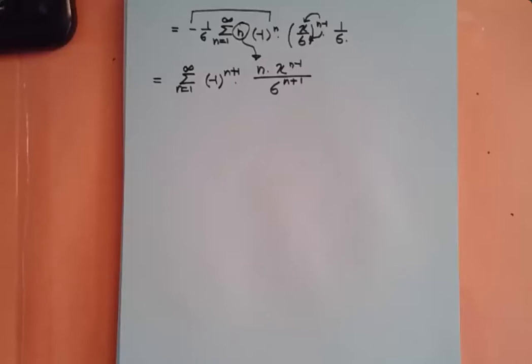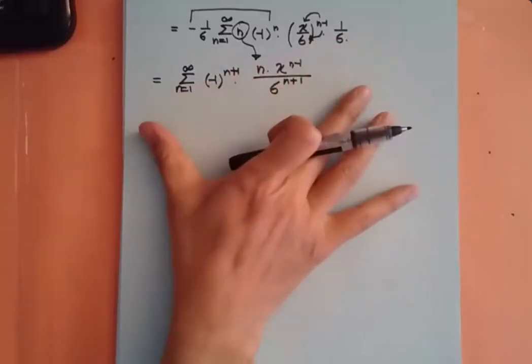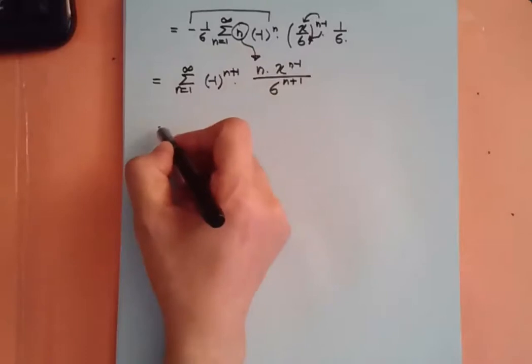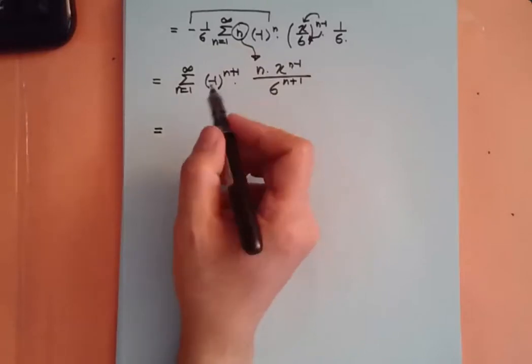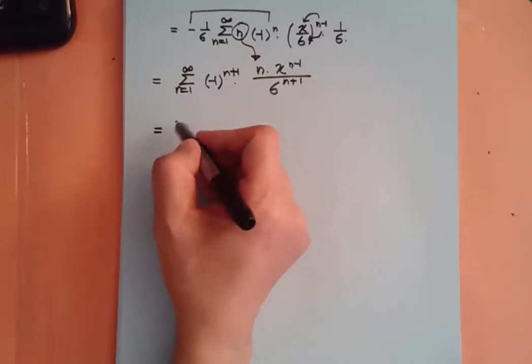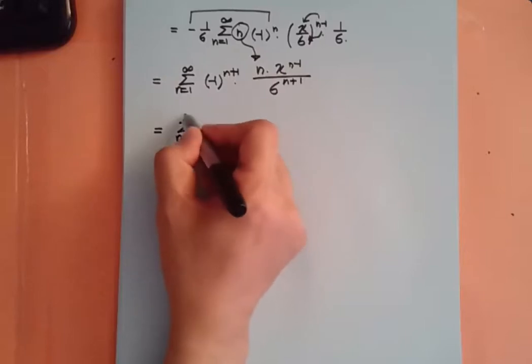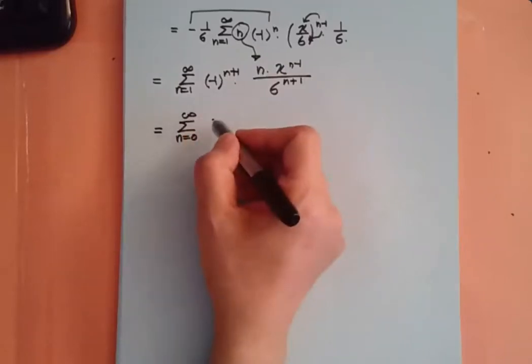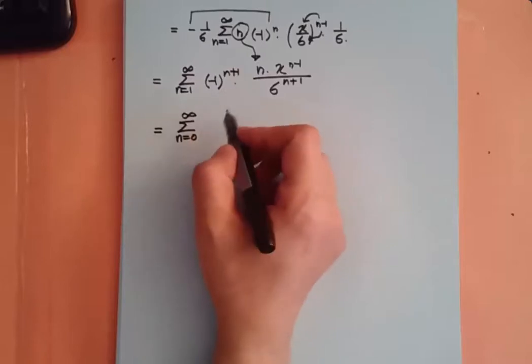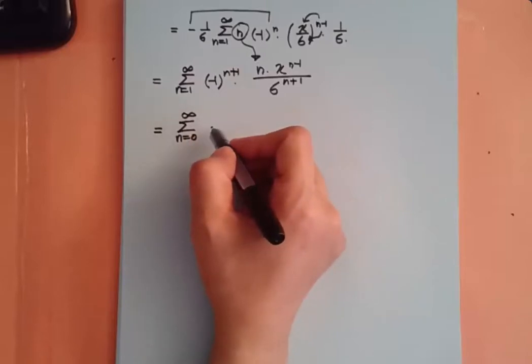So in the exam, I think this will be enough, but depending on how WebAssign is asking you the question, I mean the format related thing, if that starts from n equals 0, then you have to adjust it a little bit.